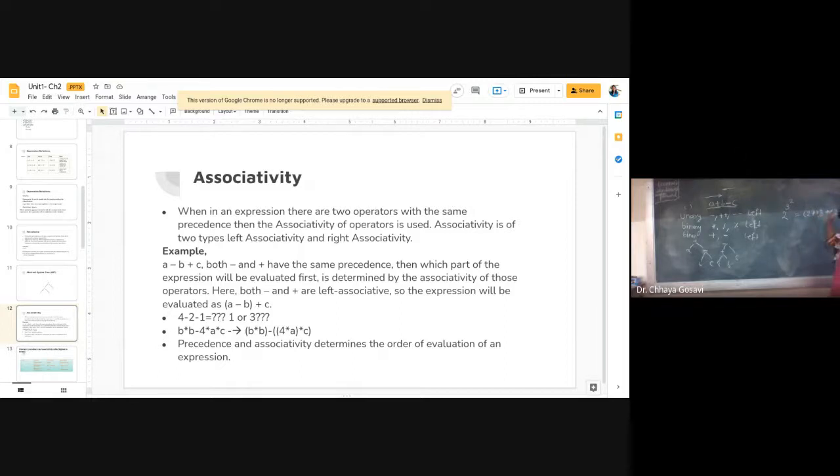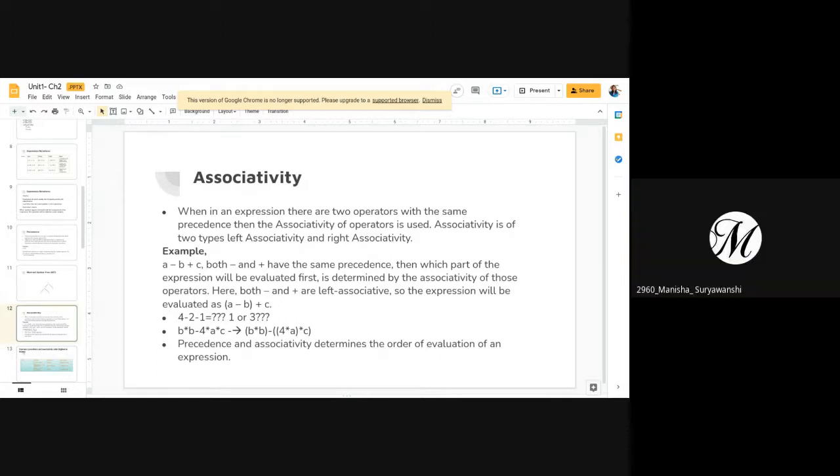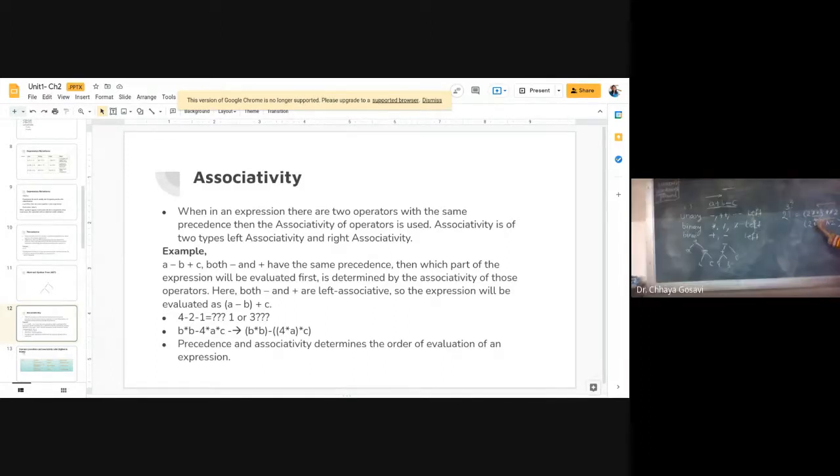Some programming languages use 2 star star, or some languages use this triangle sign for the power operator. So which operation should be carried out first, 2 raised to 3 or 3 raised to 2? This one or this one? In this case, 3 raised to 2, it is right associative. We have to perform this operation 3 raised to 2, which is 9, and then 2 raised to 9. Only the power operator is right associative.